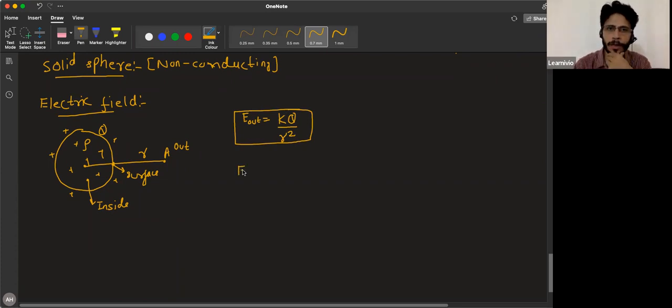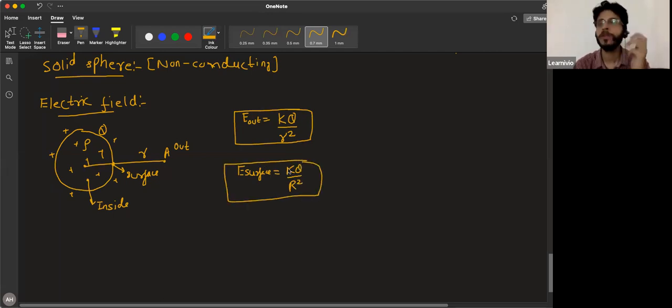If you want to calculate field on the surface of sphere, it's kq by capital R square. This is electric field on the surface. If you want to calculate electric field inside the sphere, so this is the point inside the sphere.